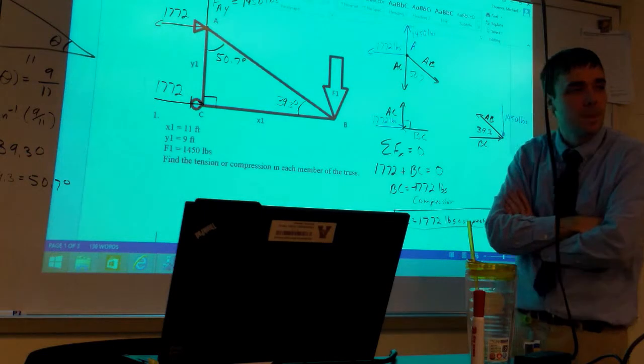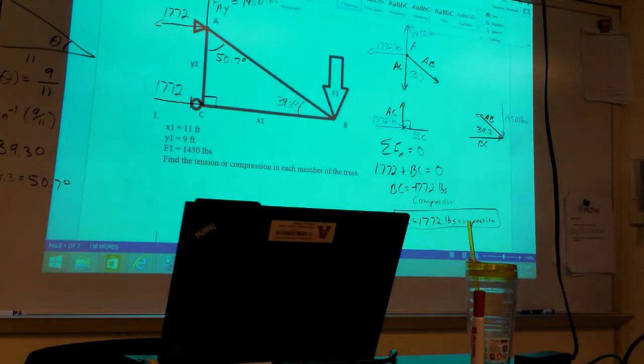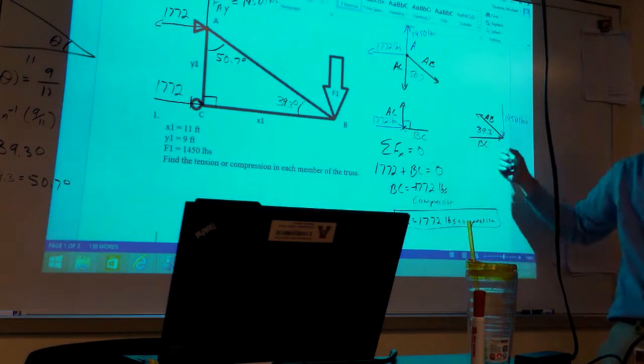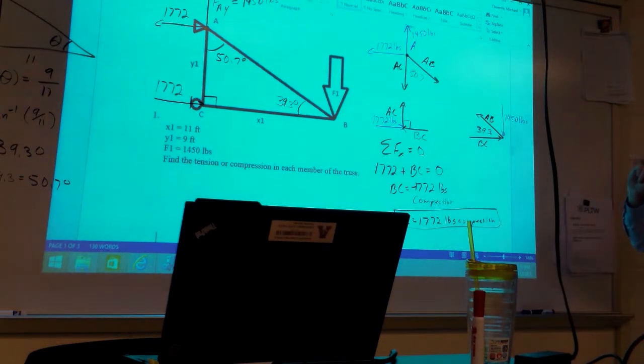Kevin: BC was negative, so it was compression because it was negative? Yes. When you change that to being positive, you switch the arrows. Kevin: Oh, okay. Got it.